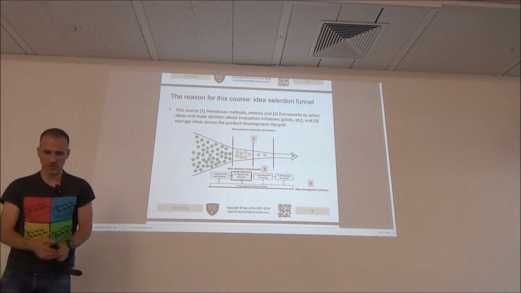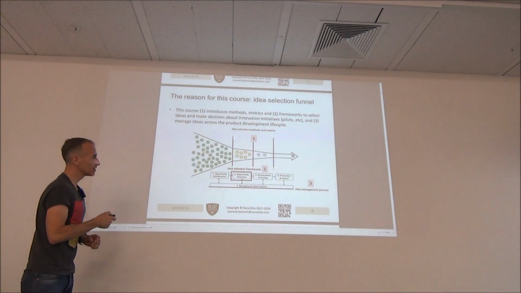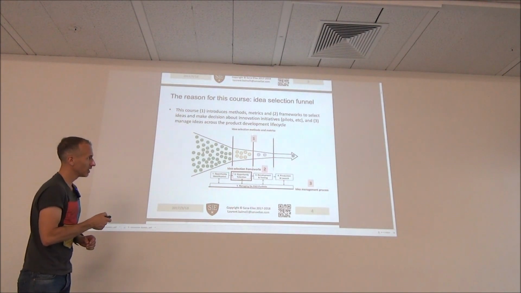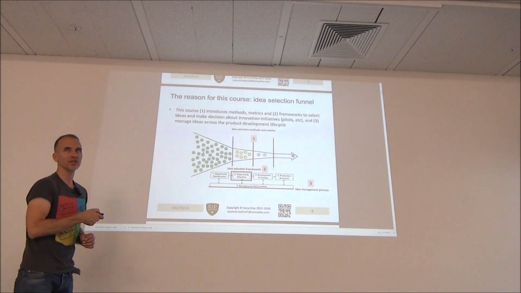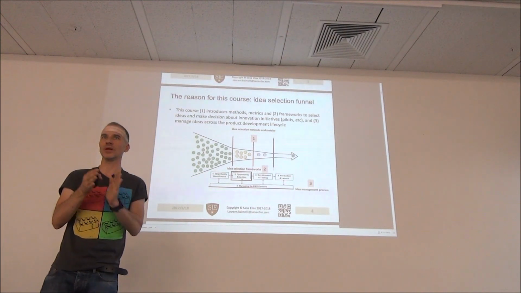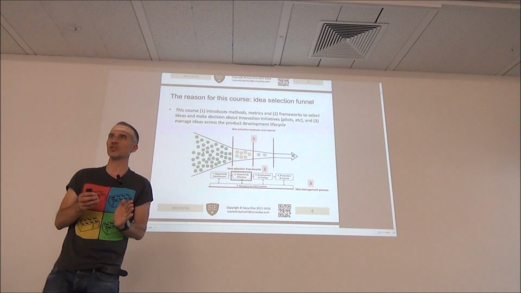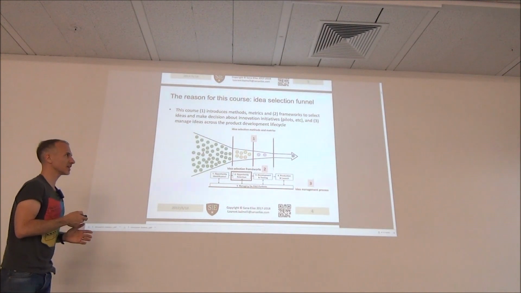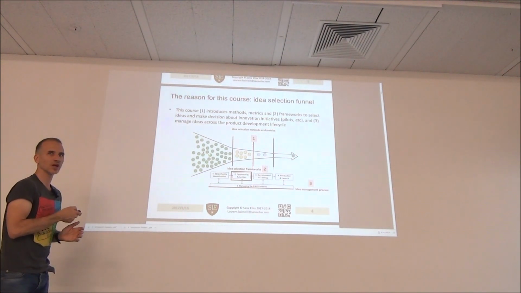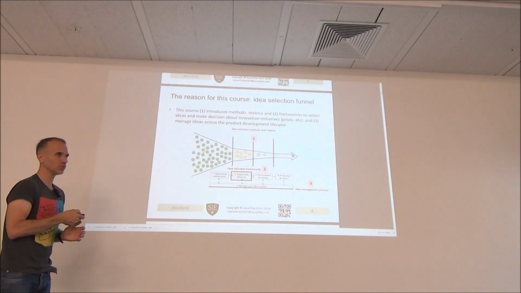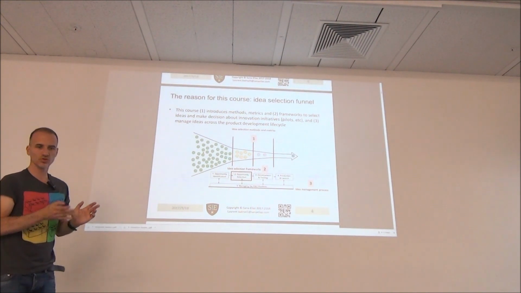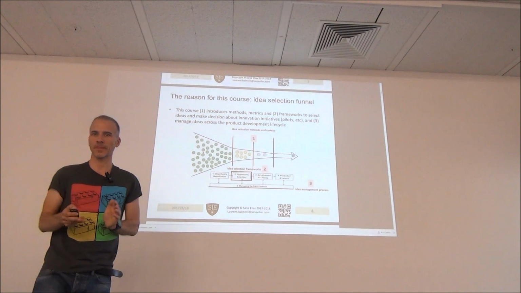I'm teaching you here how to select these things. These 3 lines that we have here are selection methods. And you can imagine that you don't use the same selection for, let's say, these 300 ideas as for 10 or 2 or 1. You don't select the same way.